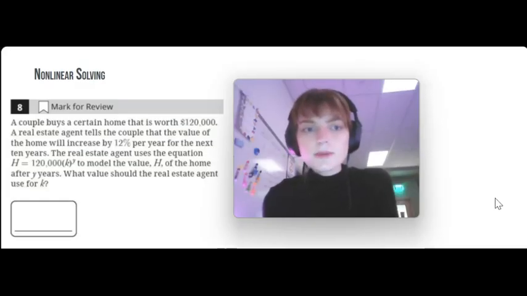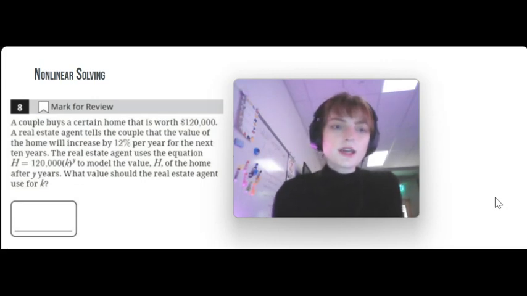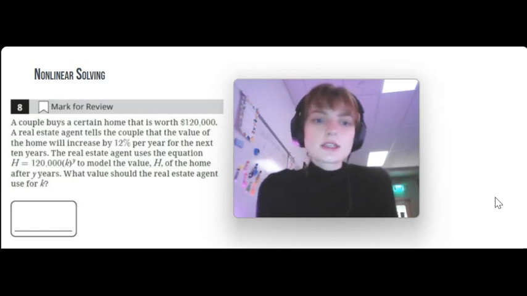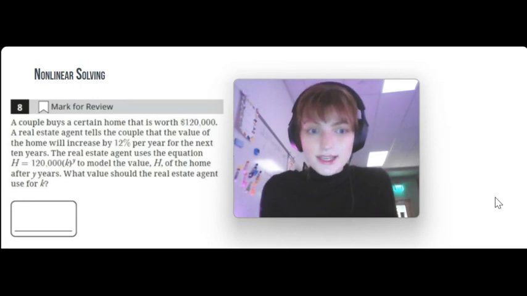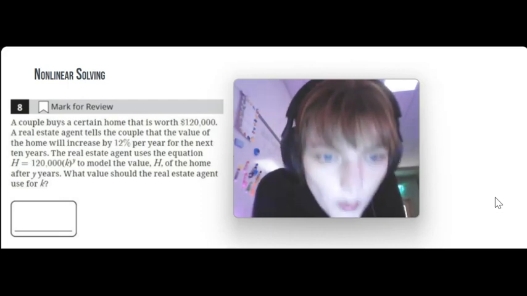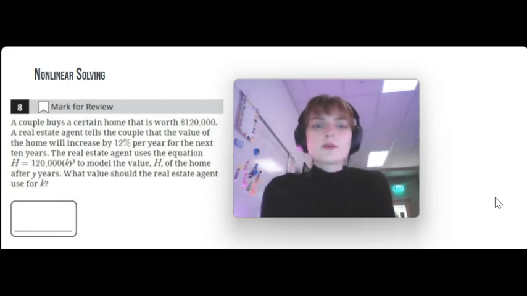In example number 8, we read, a couple buys a certain home that is worth $120,000. A real estate agent tells the couple that the value of the home will increase by 12% per year for the next 10 years. The real estate agent uses the equation H is equal to 120,000 times K to the power of Y to model the value H of the home after Y years.